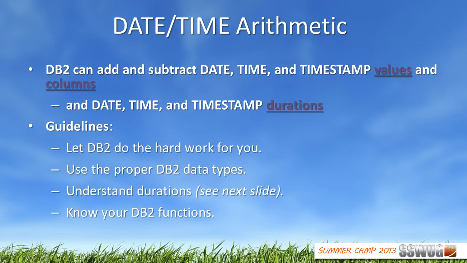The ability to do date and time arithmetic is an additional important consideration. You can add and subtract these chronological data types and come up with dates or times in the future or the past, or a date, time, or timestamp duration.